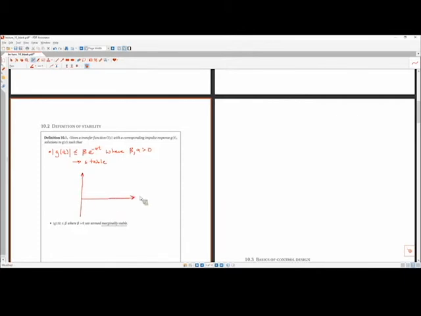This may oscillate wildly, but as long as we can write an exponential that's always greater than the absolute value of that function, we call that system stable. As long as it can be bounded somehow by a decreasing exponential. This beta and alpha can be any numbers greater than 0. So this could be a really, really slow decay rate. It may take 1,000 seconds to finally decay, but that's still stable by definition.